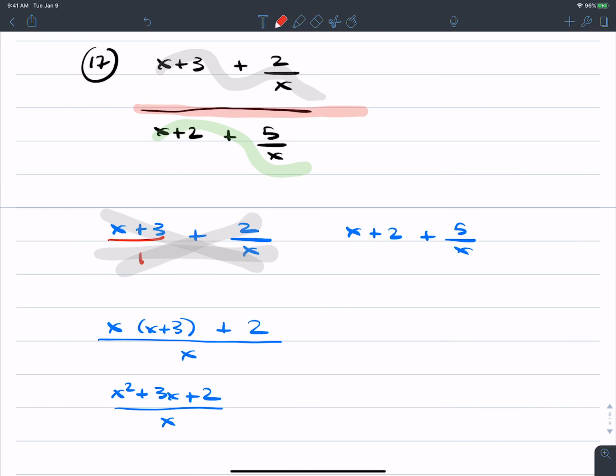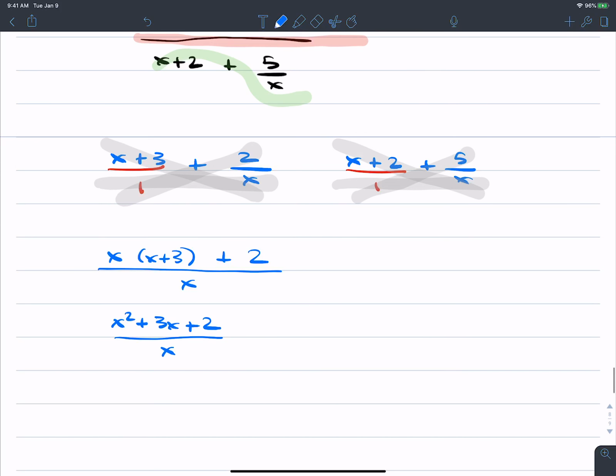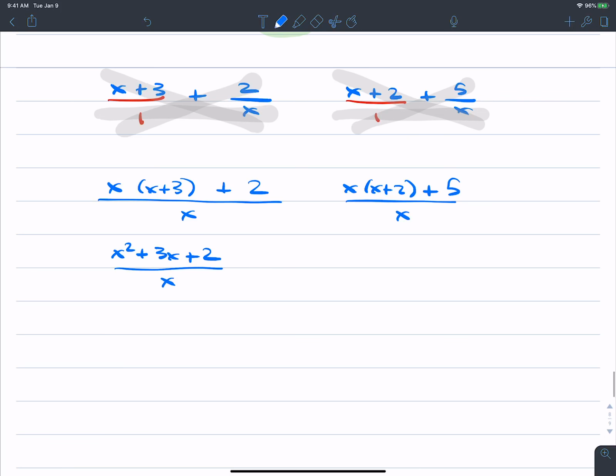This is over 1. Cross cancel and multiply the denominators. So this becomes x times x plus 2 plus 5 over x. So when I multiply, I get x squared plus 2x plus 5 over x.